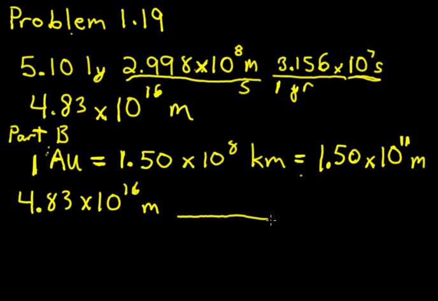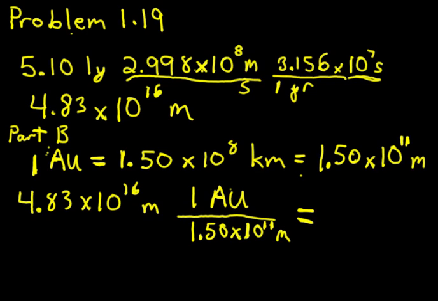I wanted an AU, so I put 1 AU up top. And my conversion factor says I'm going to have 1.50 times 10 to the 11th meters on the bottom. Well, my meters will cancel, so what I have left will be in astronomical units, AU.